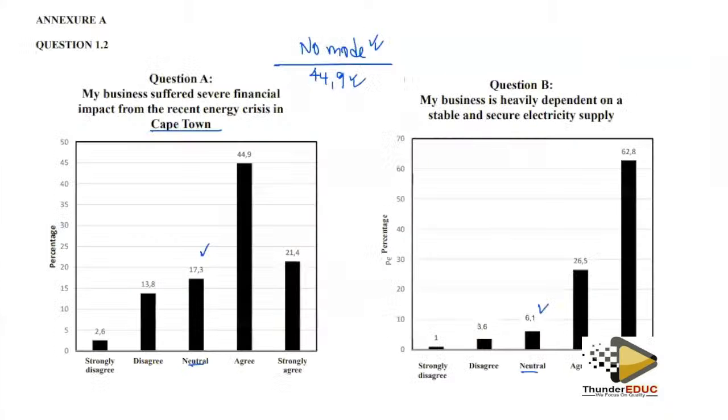Let's look at the next year. Strongly. My business is heavily dependent on a stable and secure electricity. Here we go. So we are looking at question number. So this is it.